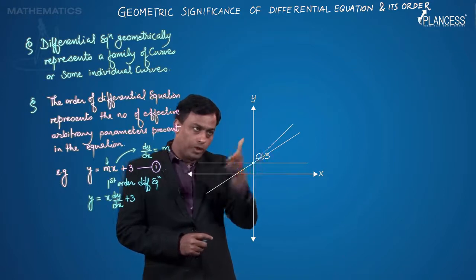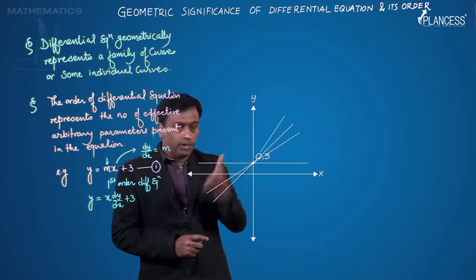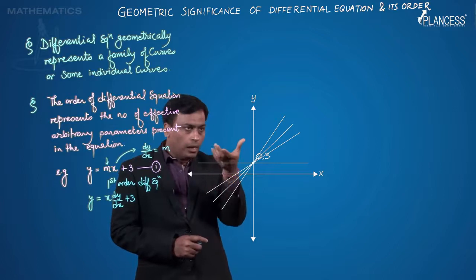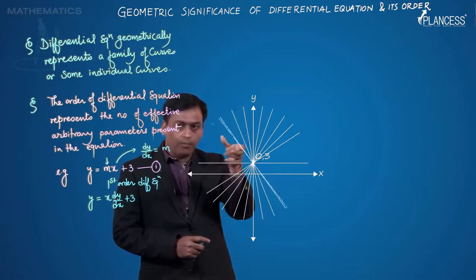For m equal to 2, you get another straight line. For m equal to 3, the third straight line, and you go on changing the value of m.